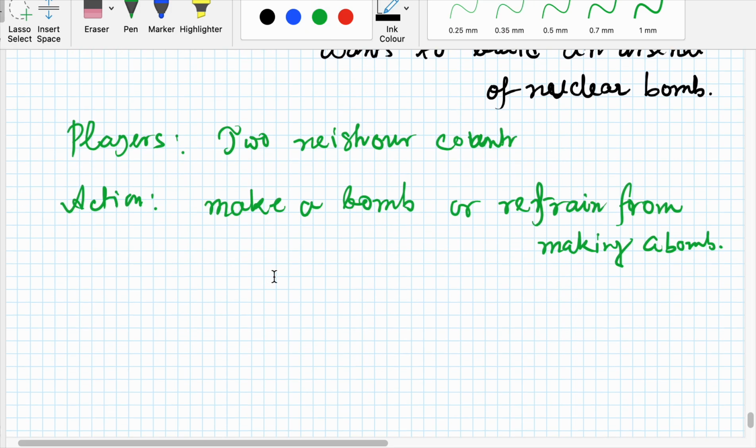Obviously here the countries' preferences are, every country wants that it has the bomb, and the other country does not.